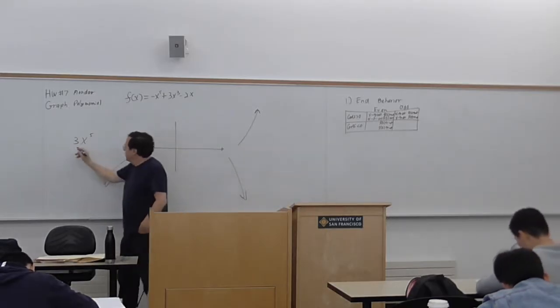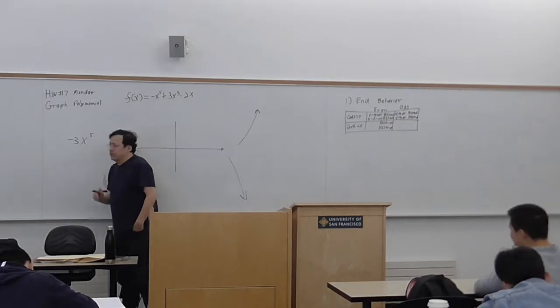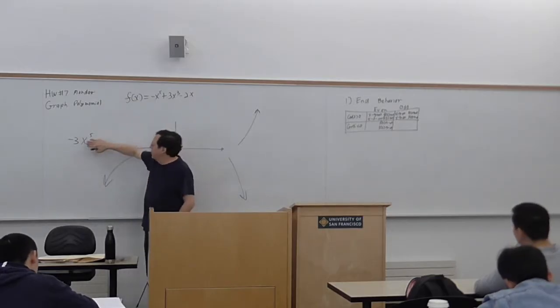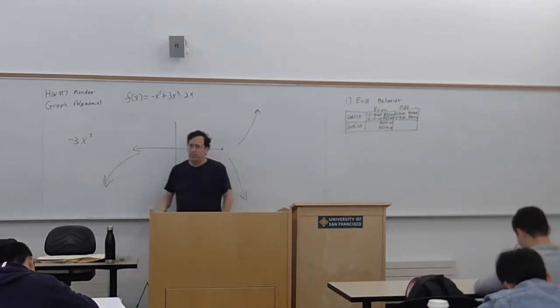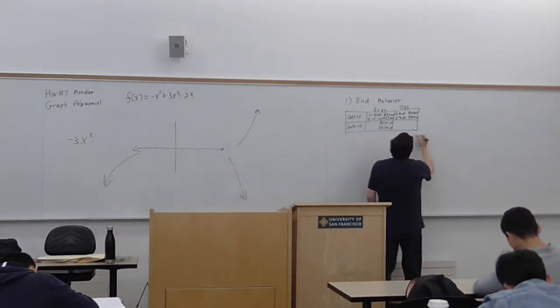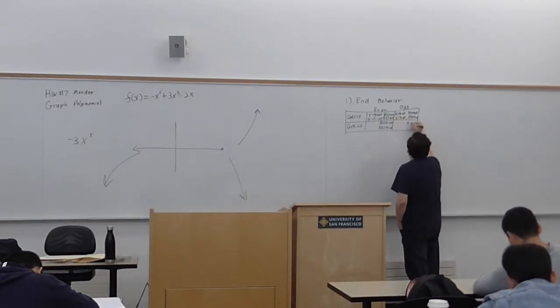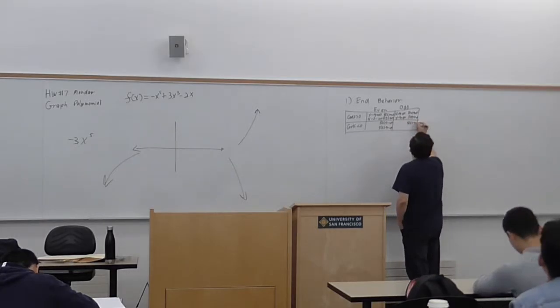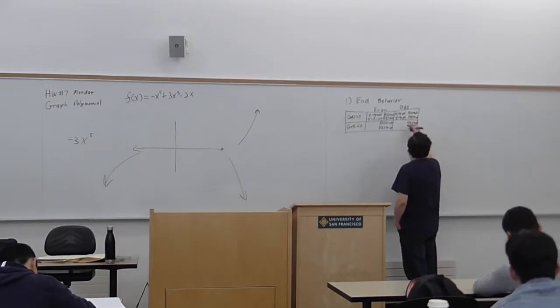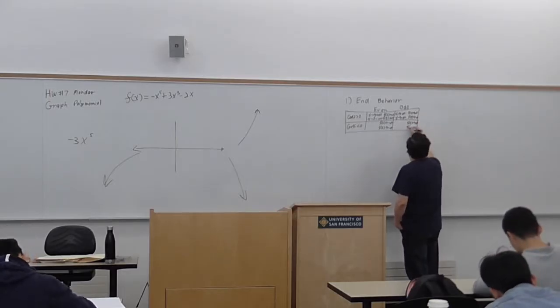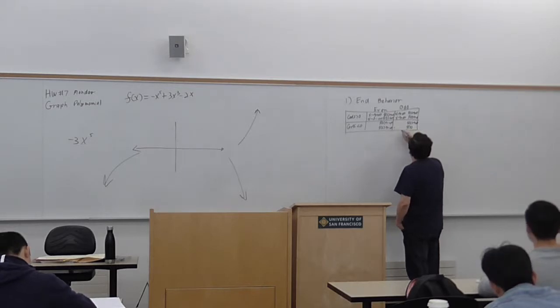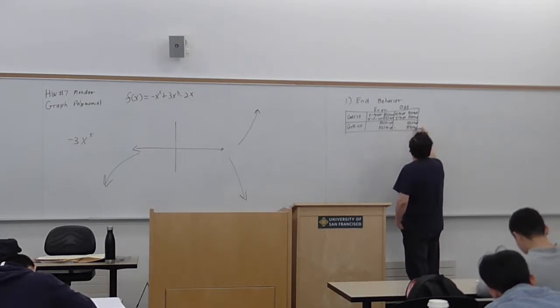And then finally, the fourth case is, well, what if this coefficient is negative? Well, then it's just the opposite. If it was positive, x getting very large, f of x will go to negative infinity. X goes to negative infinity, it'll get very large again.